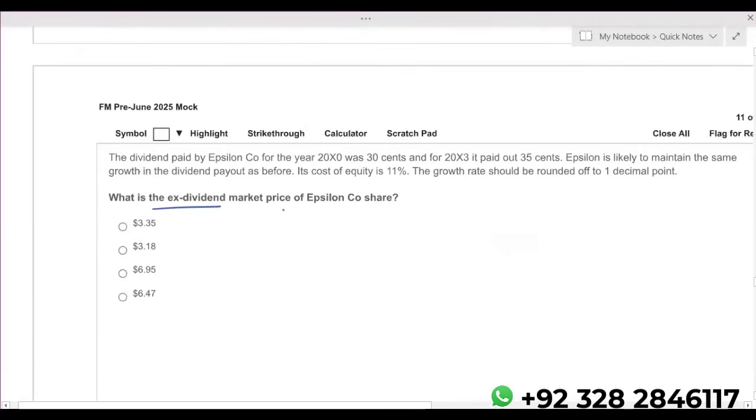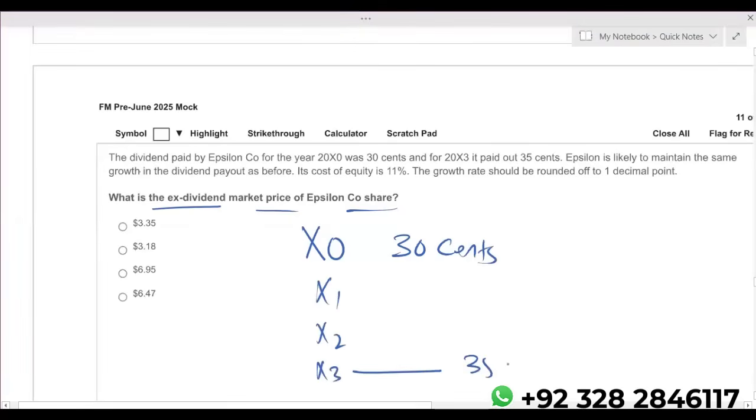What is the ex-dividend market price of Epsilon company share? The dividend paid by Epsilon company for the year X0 was 30 cents, then X1, X2, and then X3, 35 cents. Total time period is 4 years.